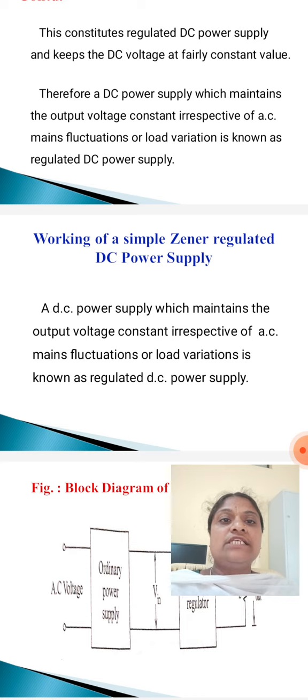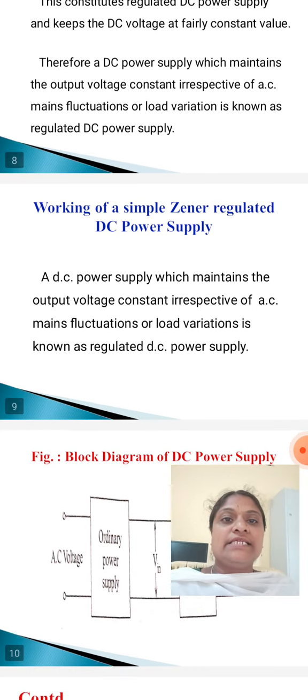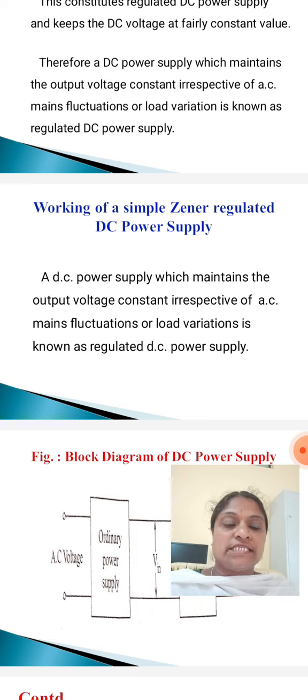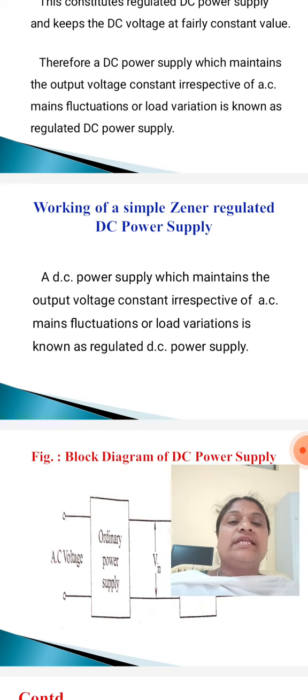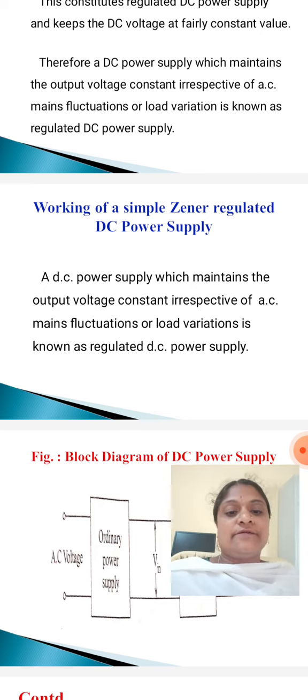Therefore, a DC power supply which maintains the output voltage constant irrespective of AC mains fluctuations or load variation is known as a regulated DC power supply.